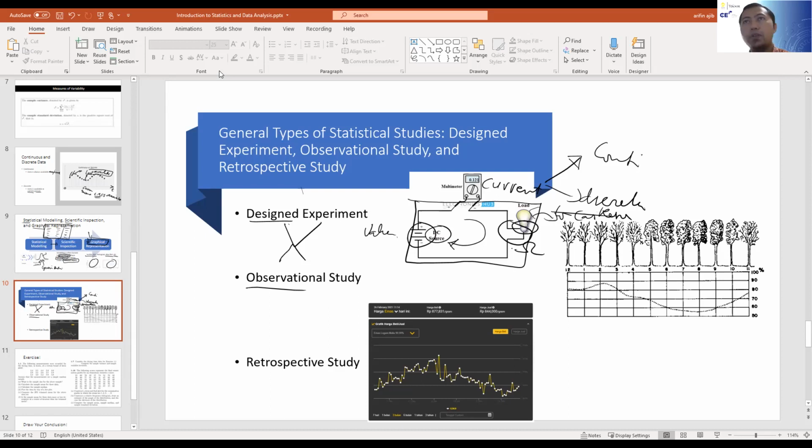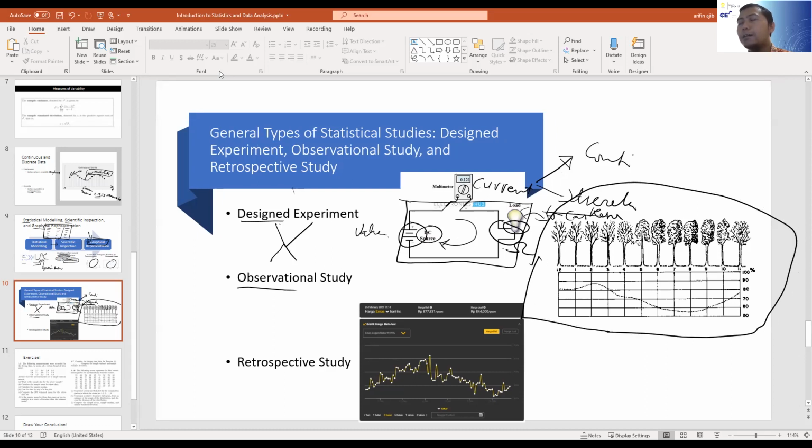An example of an observational study is this, measuring the evaporation. Evaporation. I think I should use a different color.